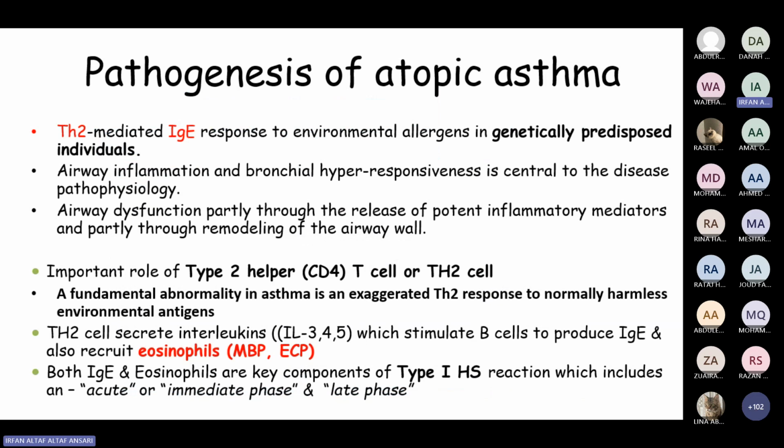So now, pathogenesis of atopic asthma. Whenever we talk about pathogenesis of atopic asthma, you must know about two things. What are those two things? T helper cells and immunoglobulin E. Immunoglobulin is the type E immunoglobulin, and the cells are the type 2 helper or CD4 T cells.